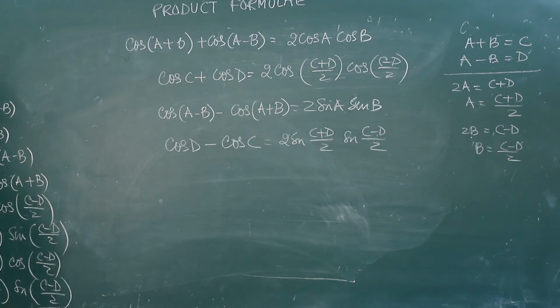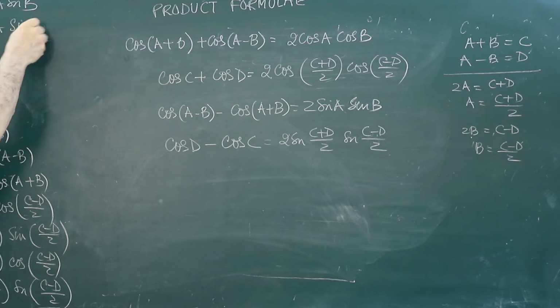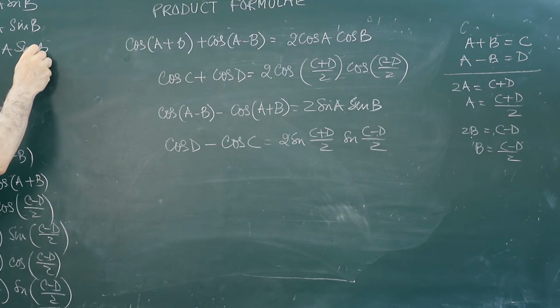Based on these formulas: sin A cos B plus cos A sin B, sin A cos B minus cos A sin B. Cos (A plus B) was cos A cos B minus sin A sin B. I have written it earlier also, but I am writing it again for you.